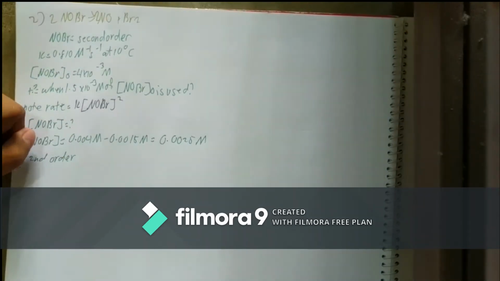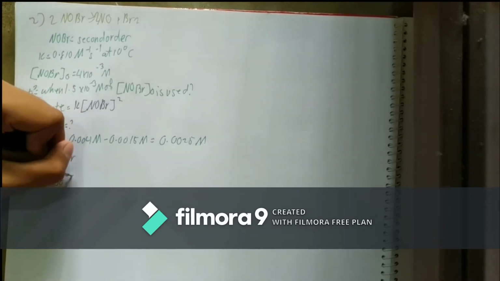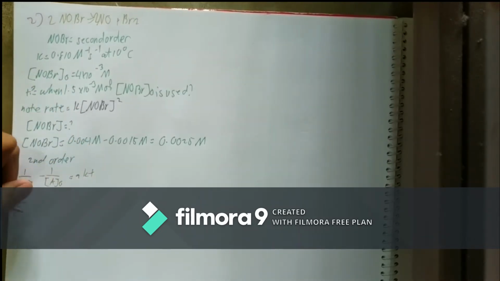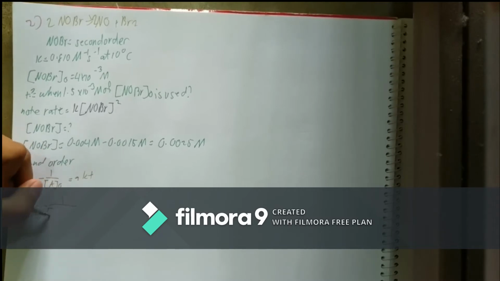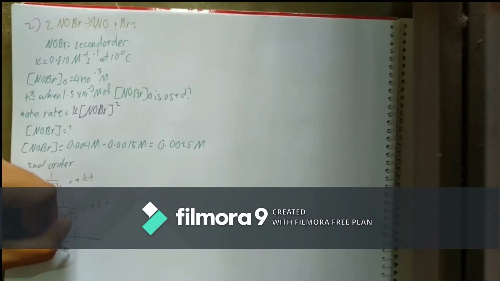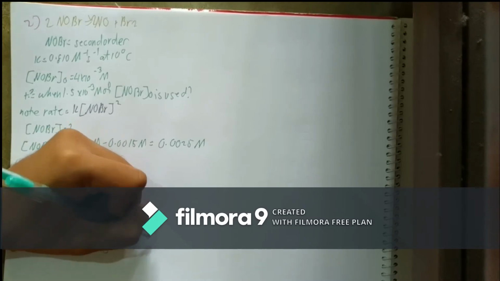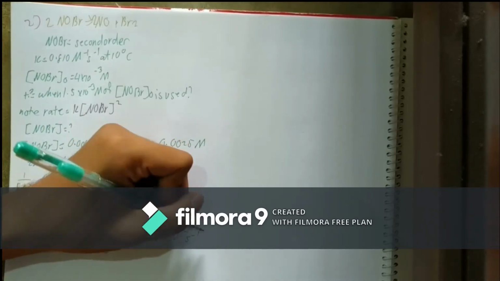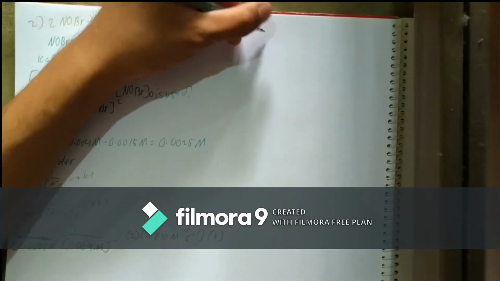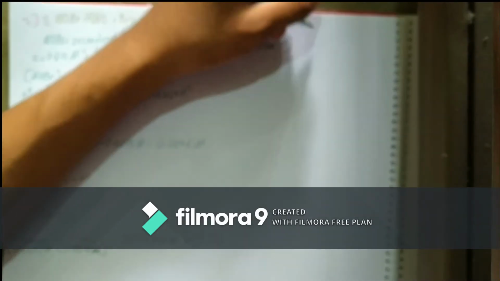Then, we use the second order integrated rate equation to determine the time required to reach that concentration. We use the equation 1 over the concentration of NOBr minus 1 over the initial concentration of NOBr equals akt. Isolating t and plugging in the necessary values, we get that t is equal to 92.6 seconds.